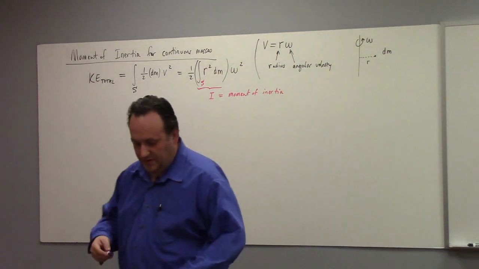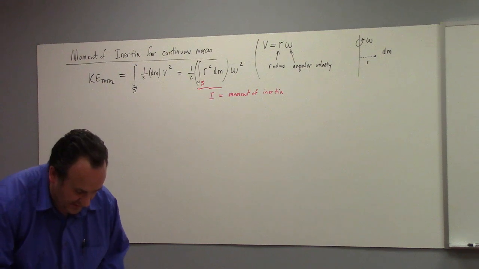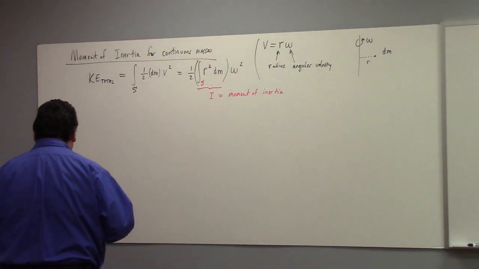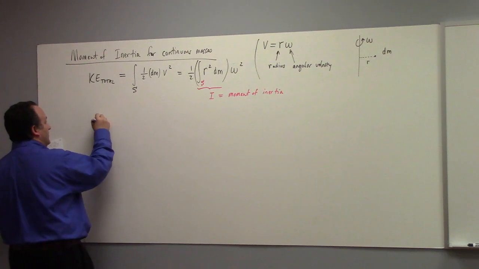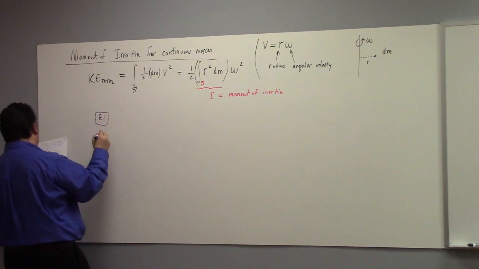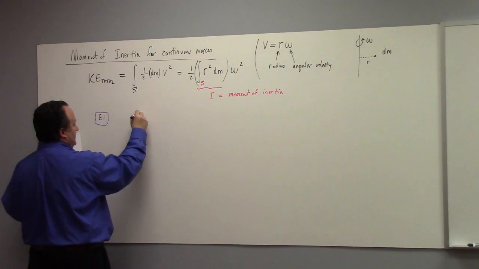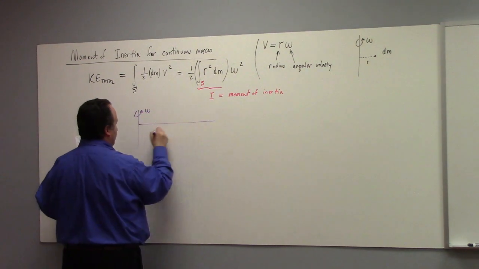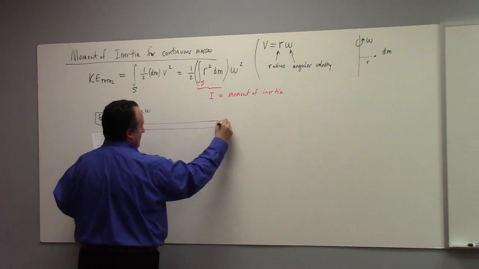So let's start out one-dimensional. Let's calculate the moment of inertia for a rod of mass M and length L. So here's example 1. What we're thinking about, you've got your rotation axis right here, and we've got some uniform rod here.